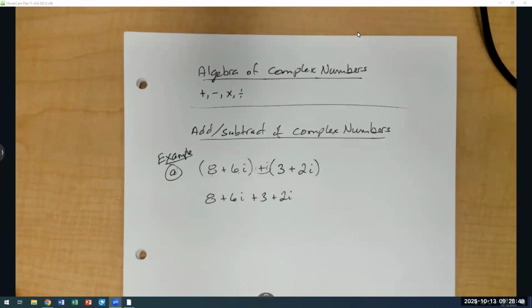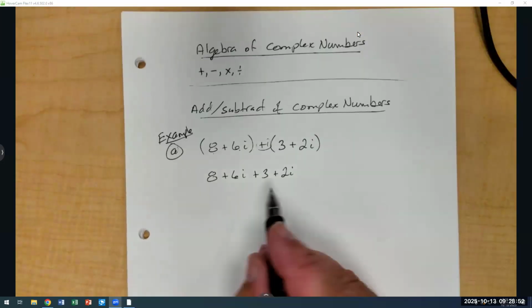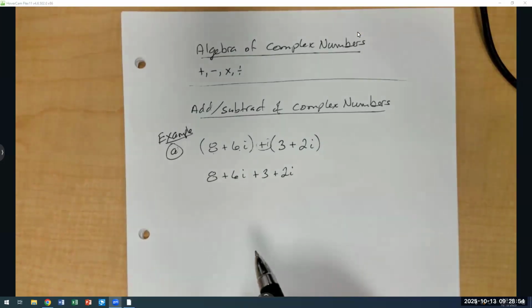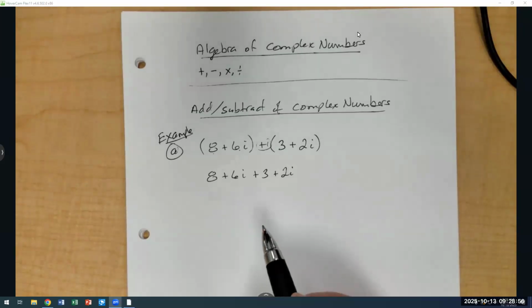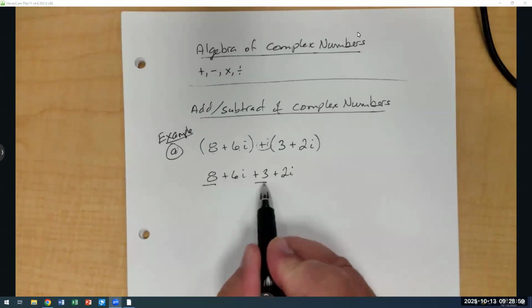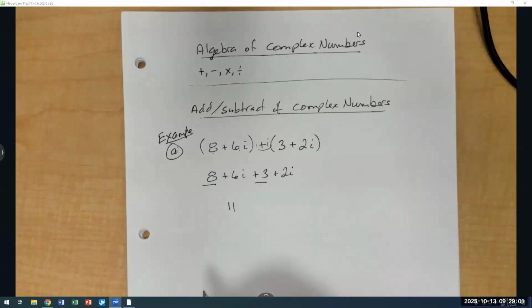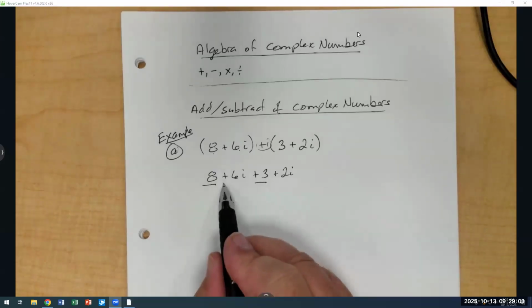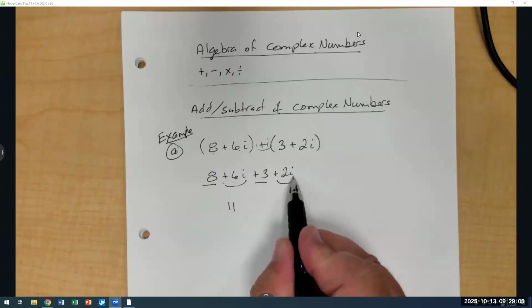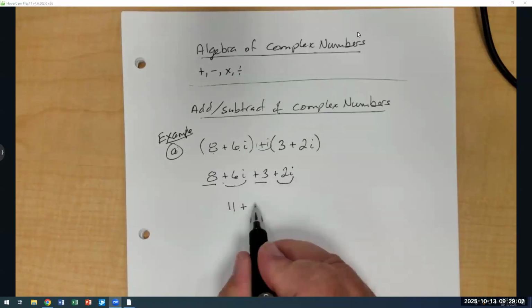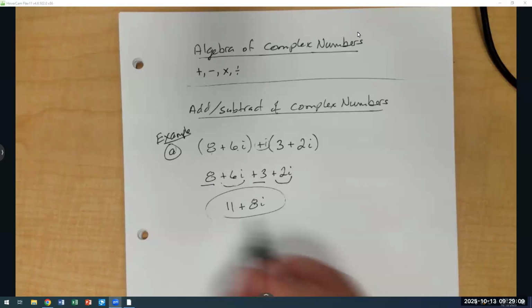I'll give you one in a second where it does change. Now, since the parentheses are gone, combine like terms. 8 plus 3 is 11. Positive 6i, positive 2i, 6 plus 2 is 8i. And there's your answer.